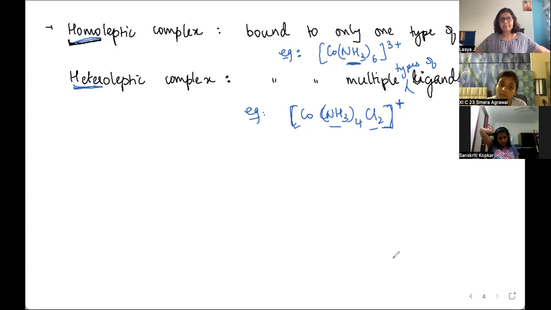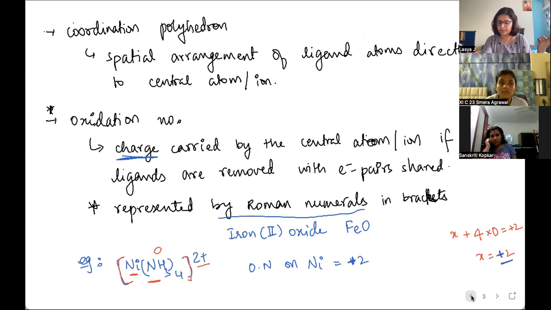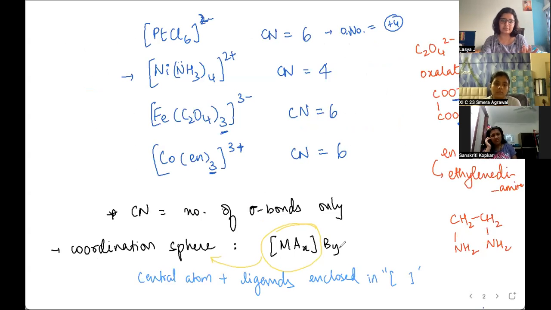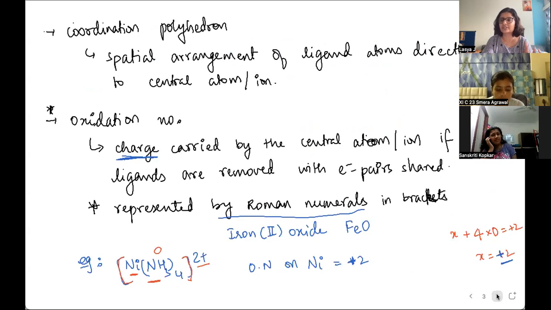So this is the main thing. Homoleptic, heteroleptic, unidentate, bidentate, all of these are different types. The main terms you'll keep using are ligands. It'll keep coming up again and again. Oxidation number you have to know, and coordination number, because if you know the coordination number, you can figure out what is the shape you're going to get out of it. So these are the main things.